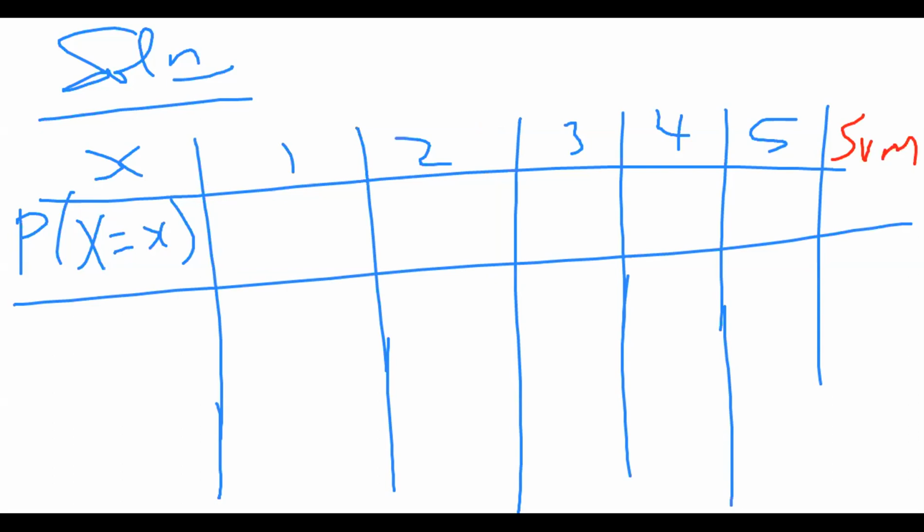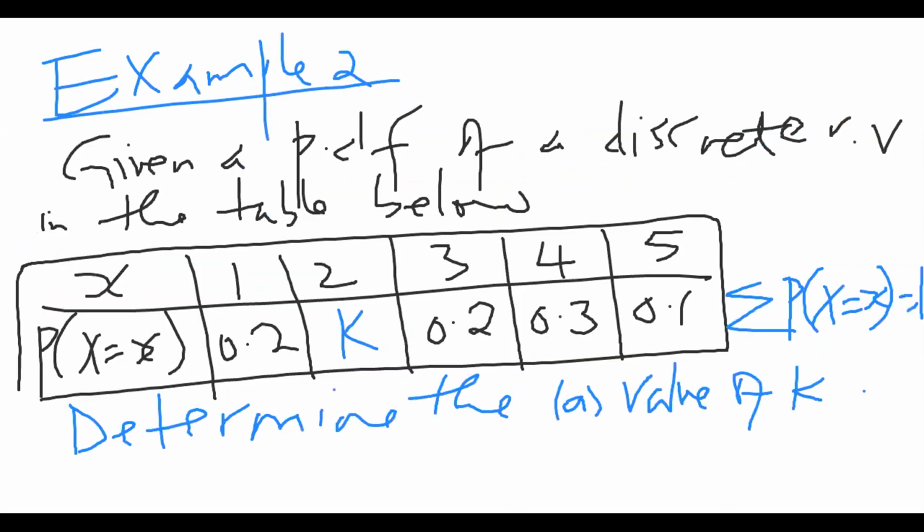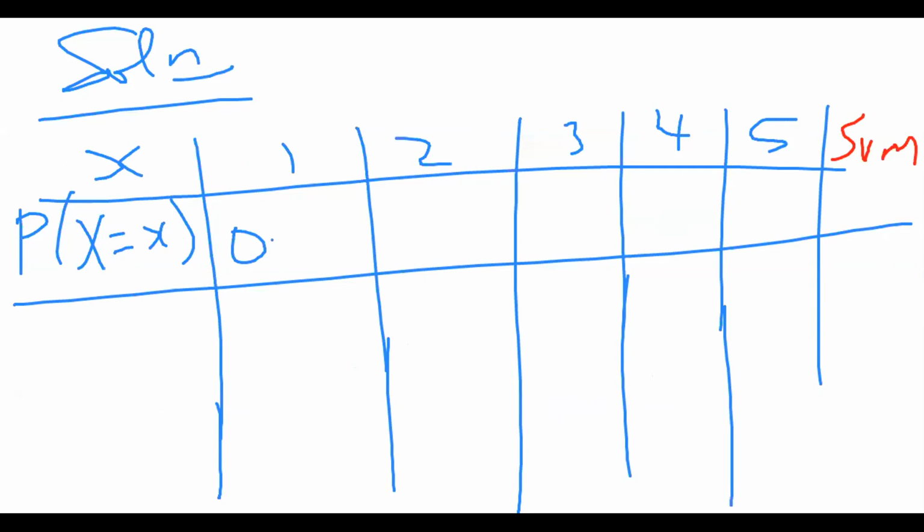The probabilities are 0.2, 0.2, 0.2, and then 0.1. The sum must be equal to 1.